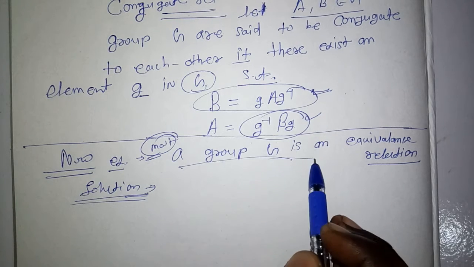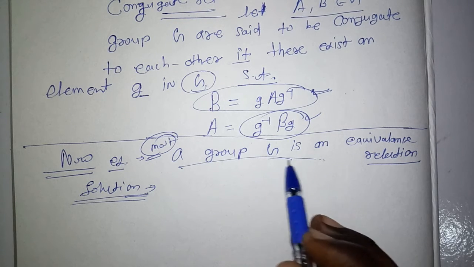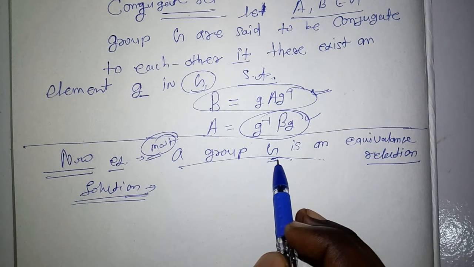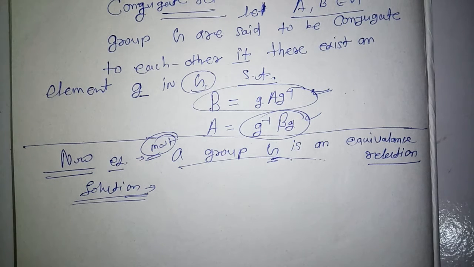Okay students, it means the conjugate set is also included here, and the conjugate element and conjugate set, students. Now first we shall show that the conjugation relation is reflexive, symmetric and transitive.